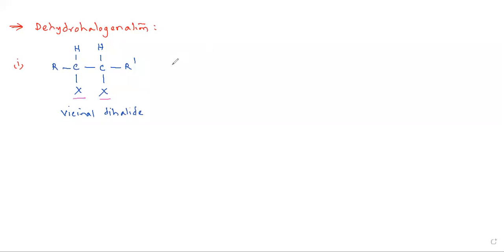Now, using a base, we'll discuss the different types of bases used later. But for now, using a base, we can abstract this H plus. As and when this goes off, this one comes here, and this, along with the bonded pair, goes off.